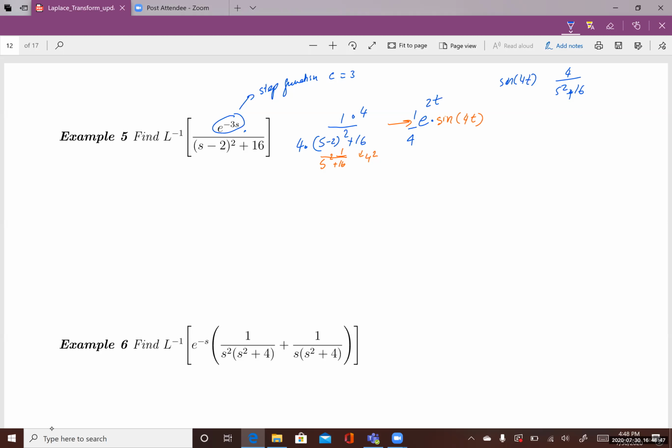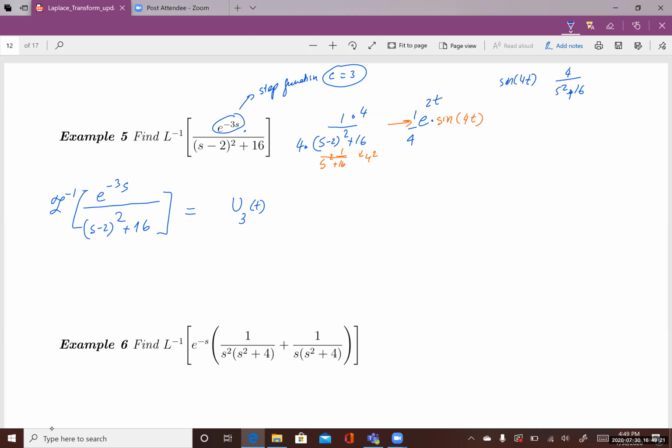Okay. So you recognize the form of it to find the original function, right? So you say the Laplace inverse of this function should be a step function in terms of sine and e to the 2t. The step is c, so you will have u3 of t, right?